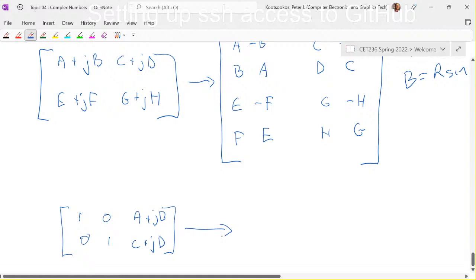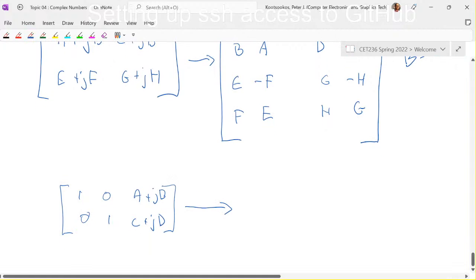If you could enter complex values into your matrix, what you'll get is what you might expect.